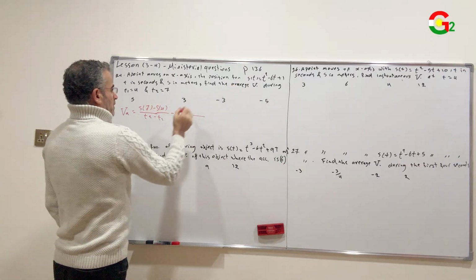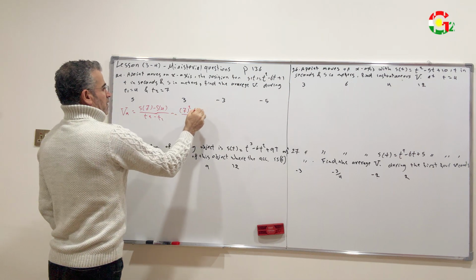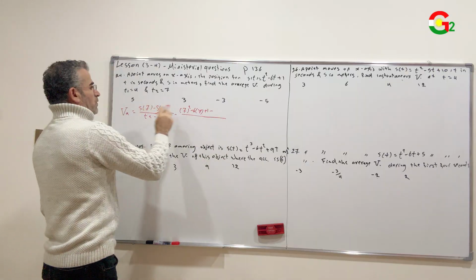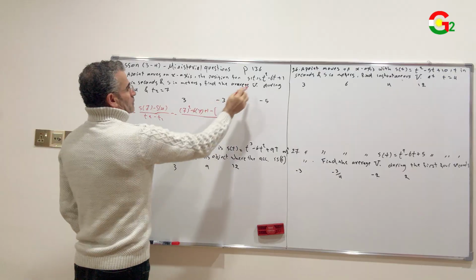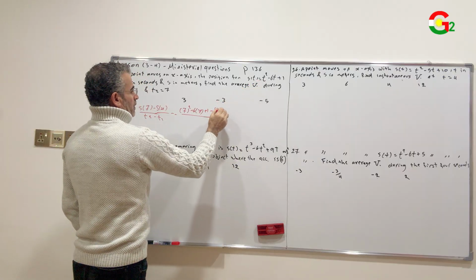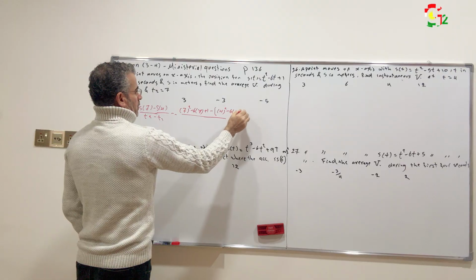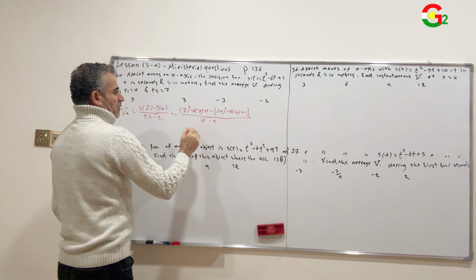S of 7 is 7 squared minus 6 times 7 plus 1, minus s of 4, which is 4 squared minus 6 times 4 plus 1, over 7 minus 4.